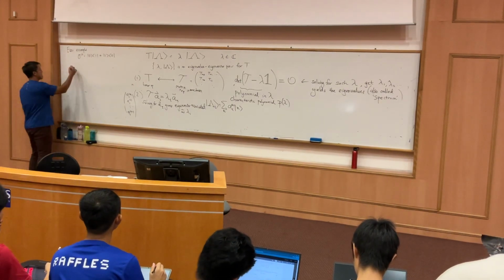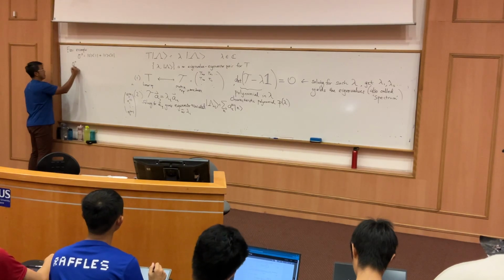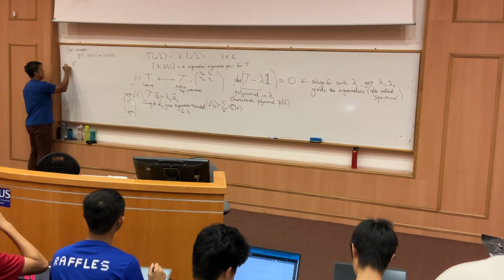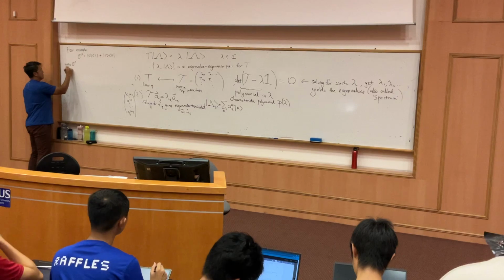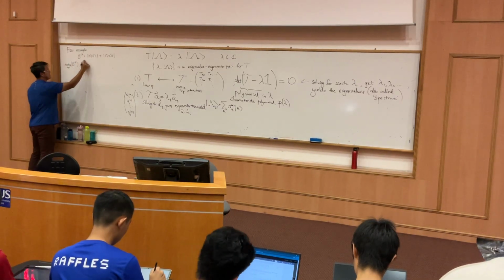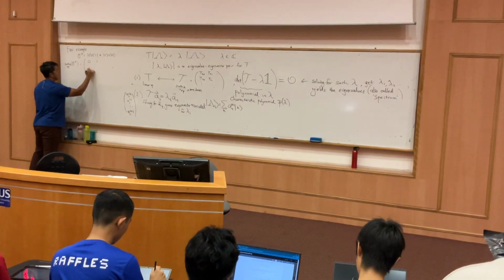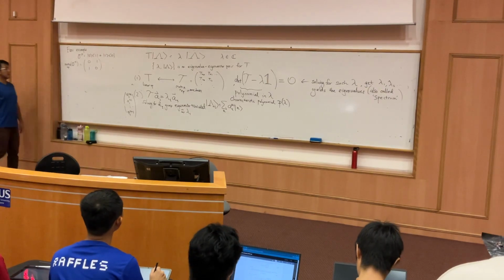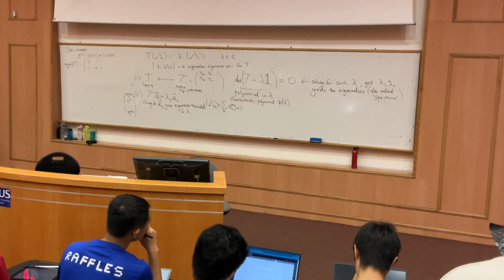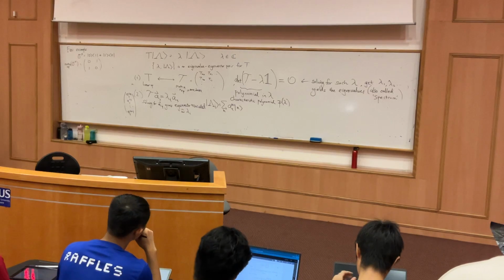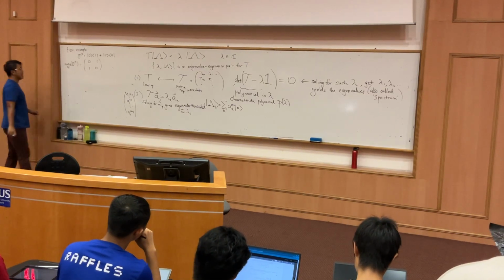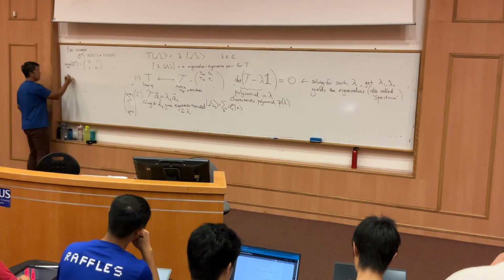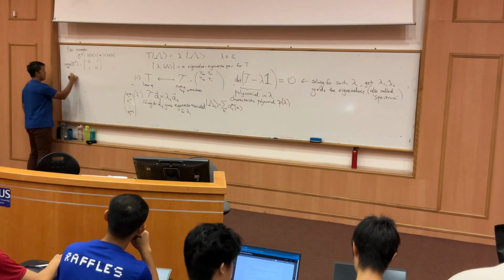So the matrix representation of sigma x is 0, 1, 1, 0. Everyone clear, right? We just quickly did this. Then the next step, we find this polynomial.